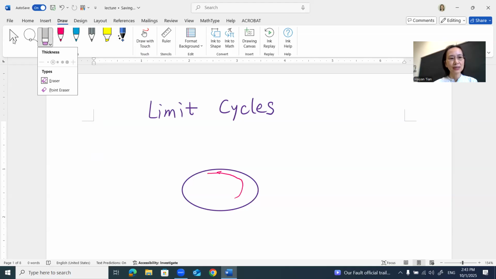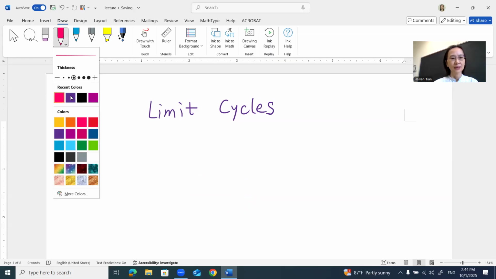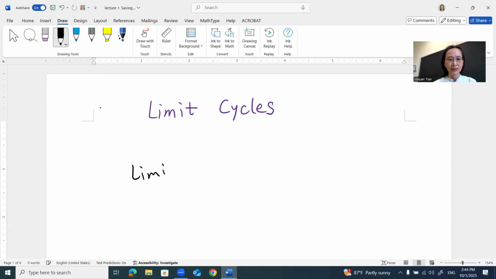So when we look at limit cycles, we also want to discuss stability. Limit cycles can be stable or unstable.